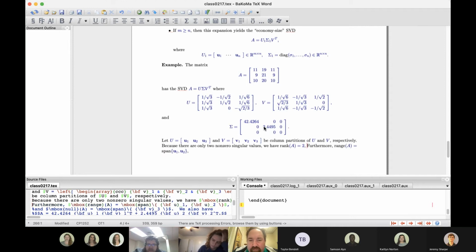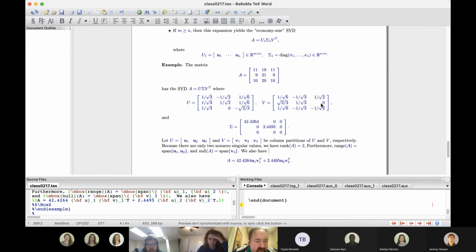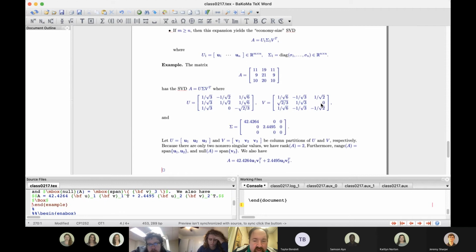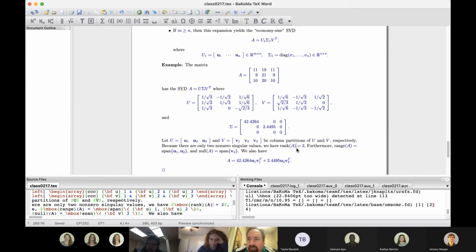And the range, therefore, would be just the span of the first two columns of U. And the null space comes from the third column of V. So now I can write A this way, using the first singular value, u1 v1 transpose, plus the second singular value, u2 v2 transpose. u3 and v3 play no role because of this singular value being 0.